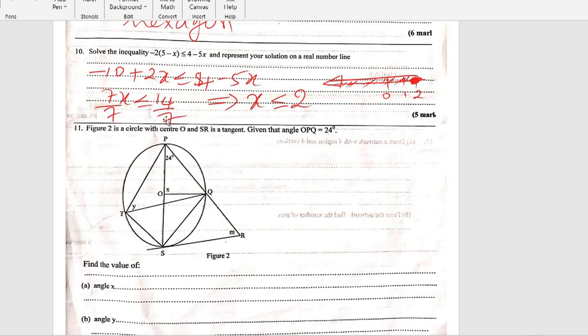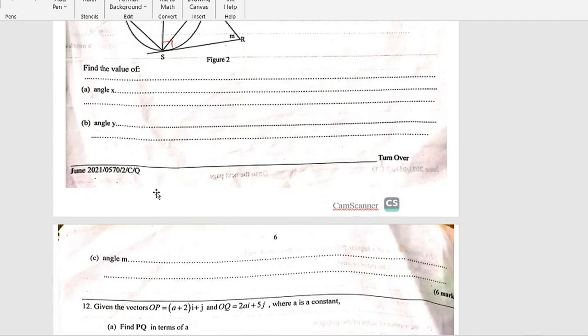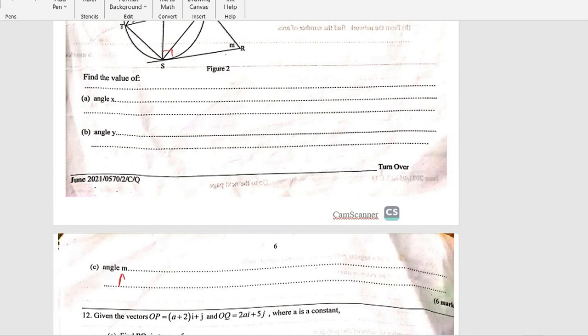Okay. Now we have question 11 here, which has to do with some theorems. SR is a tangent. SR being a tangent, this straight line here means here is 90 degrees, and if you have 90 degrees here and 24 degrees here, let's just do M, it implies that our angle M will be 90 degrees minus 24 degrees, which will give us 66 degrees.